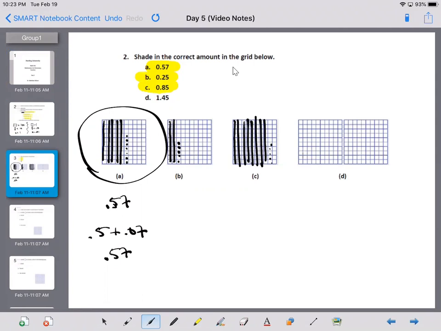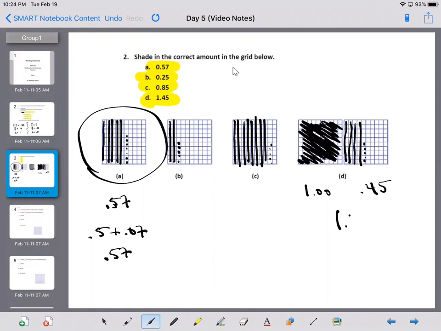And then this last one here, we've got 1 and 45 hundredths, just means that we need all of this first one, which would be 1, and then this next one needs to represent 45 hundredths. So we would represent it with 1, 2, 3, 4 longs and 5 hundredths, which would give us the 1 and 45 hundredths.